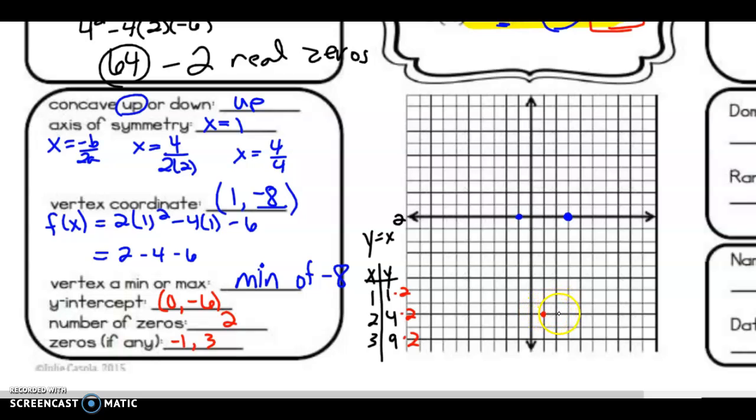So 1 squared is 1, but we need to double it, so it's going to be at 2. 2 squared is 4, double it, and now we're at 8. 3 squared is 9, we're going to double it, and we'll be at 18. Right at the top there. And then just do the mirror image on the other side. And then we can connect the dots.